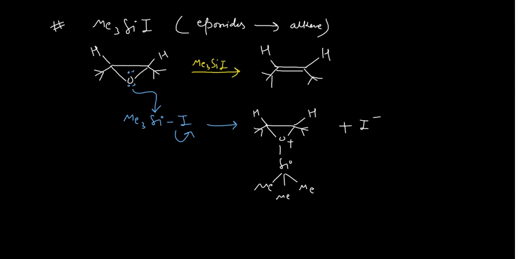Now this iodide can attack, since this is a symmetrical type of ether. Say for example your iodide is attacking here. So when iodide is attacking here, what can happen? This bond will break in that case. And when this happens, you will have this structure.